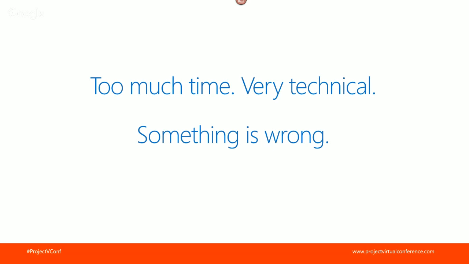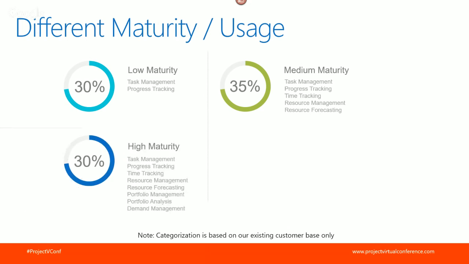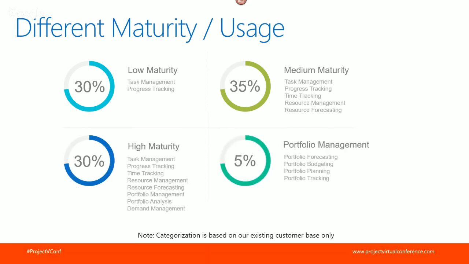So what we thought is, okay, let's take a look at our companies, what kind of companies and customers we had. I would say we found that there are pretty much 4 types of usage of Project Server, or we can say the maturity of the company.